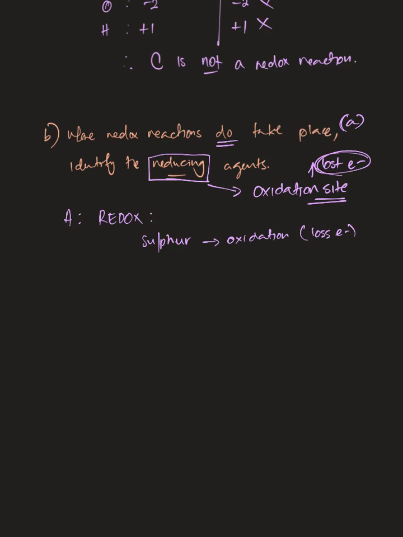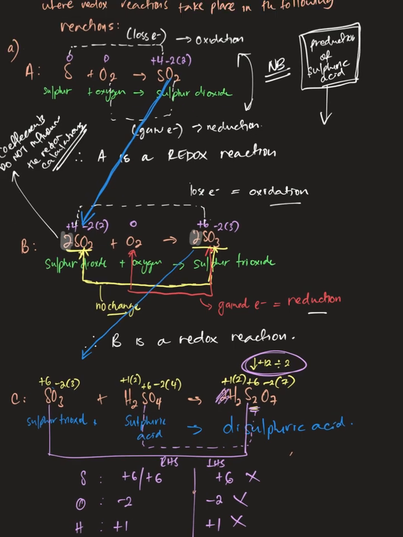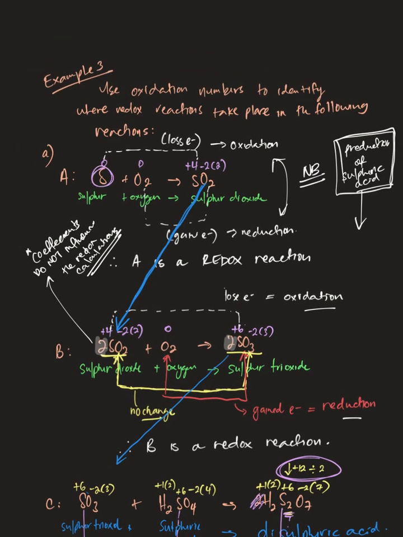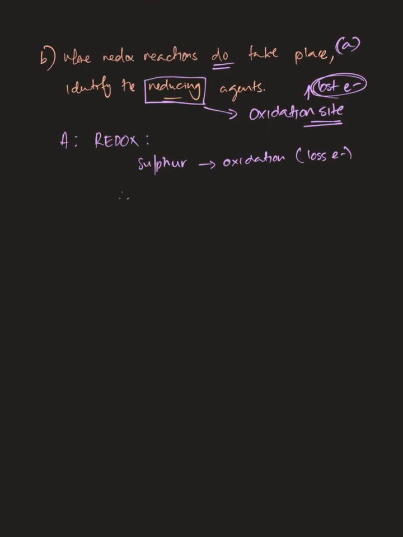And because it was oxidized, if I look at the first one, it's nice because you can look at sulfur here. Can you see sulfur? By itself, doesn't belong to anything. I can say that the sulfur is the reducing agent.